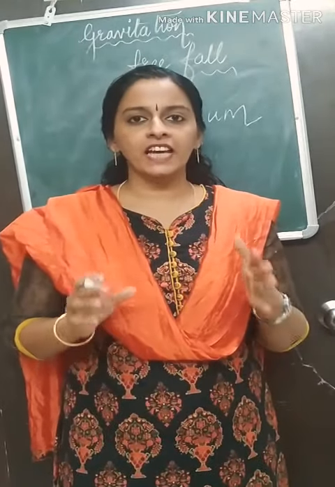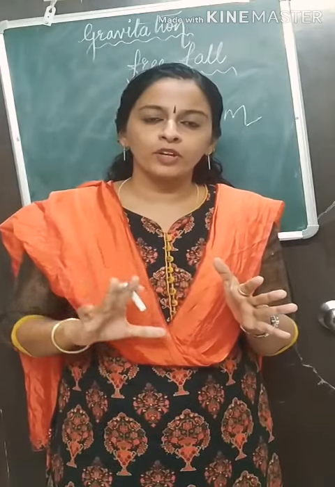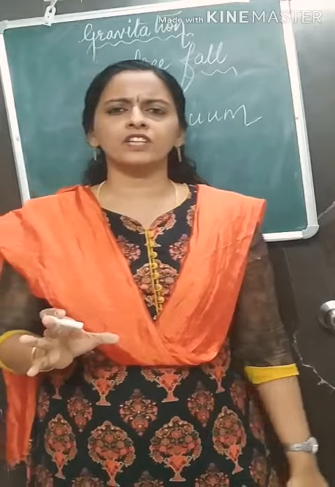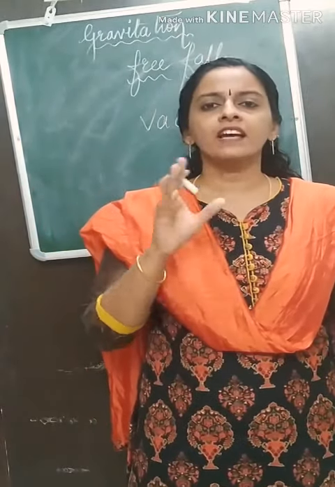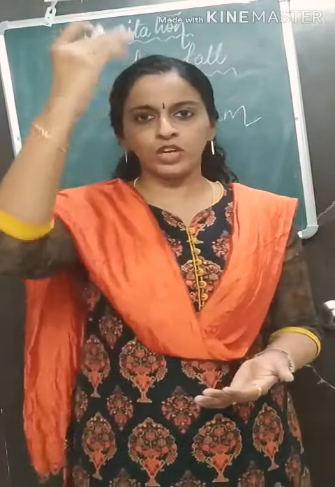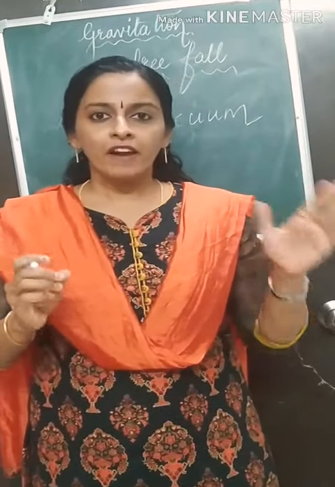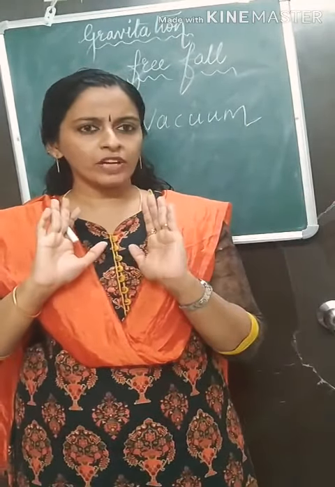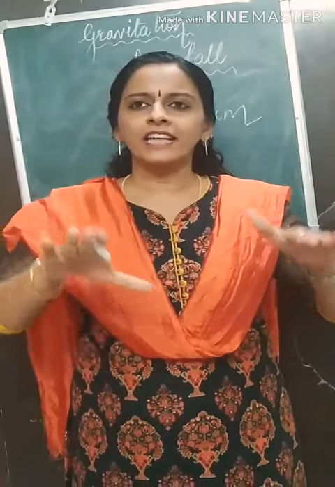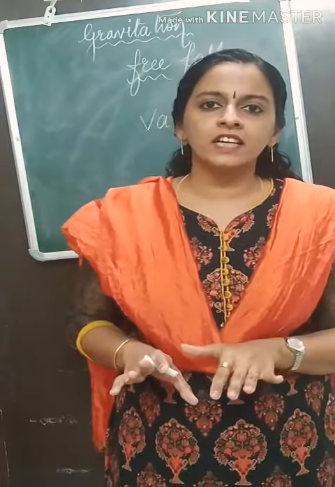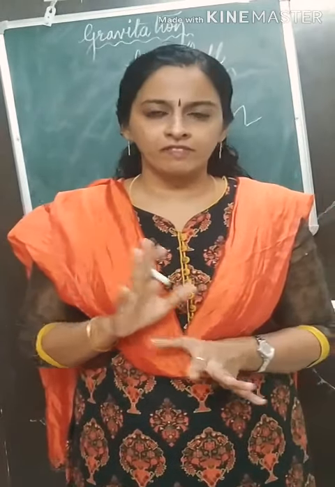What is free fall? When an object is acted upon by gravitational force alone, only gravitational force is acting on the object, at that time we say that the object is undergoing free fall. Understood? So when you have only vacuum in the room, any object you drop, both objects will reach at the same time. Mass is not a factor there.